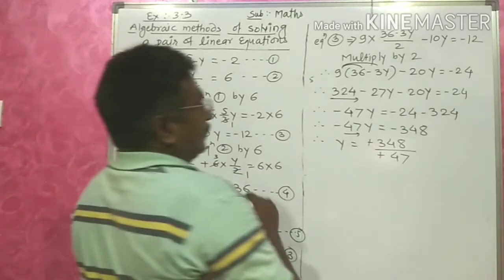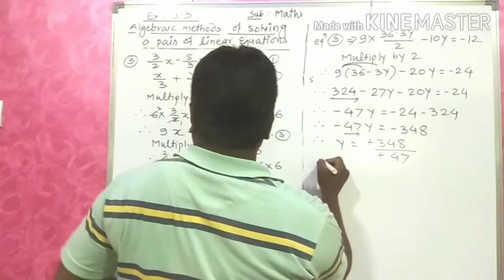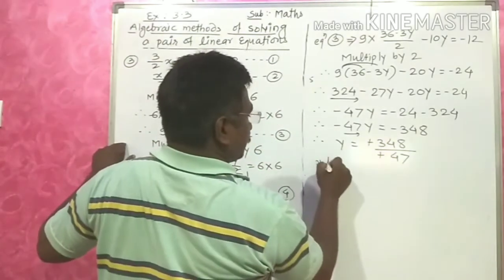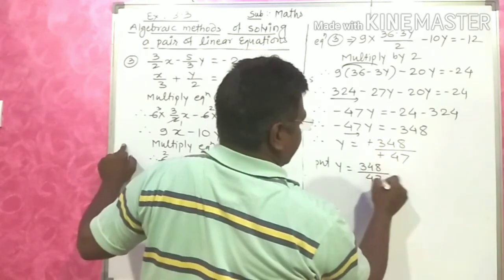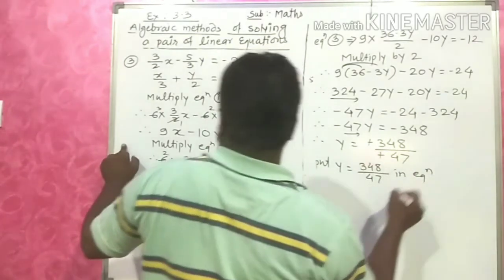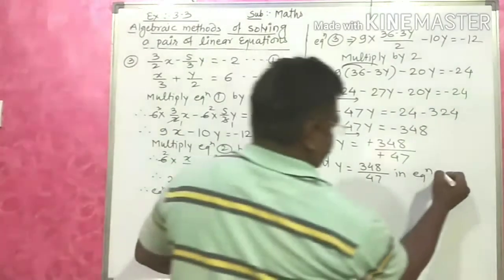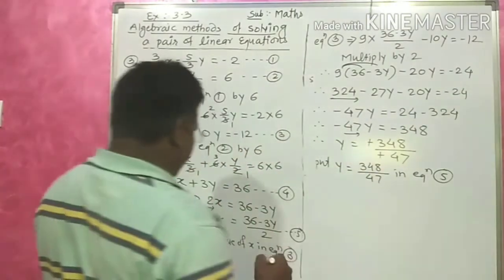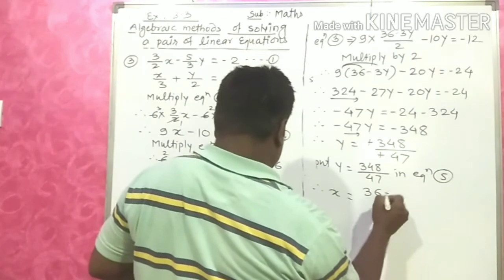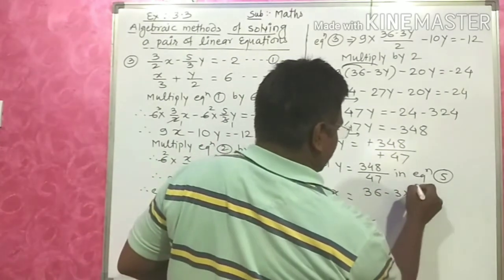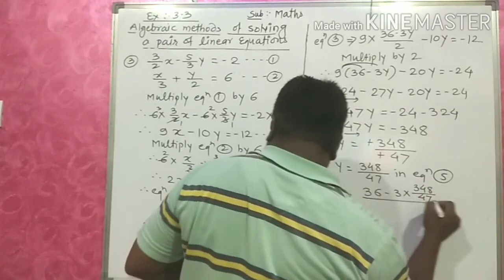So okay. Now we will put y equals to 348 by 47 in equation 5. So what do we get? Therefore x equals to 36 minus 3 into 348 by 47 by 2.